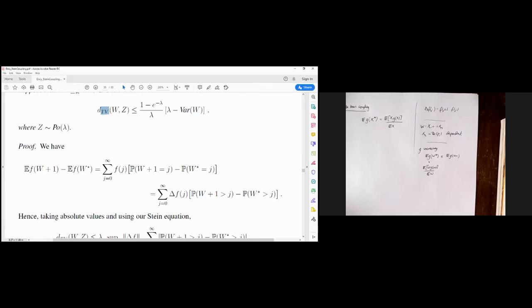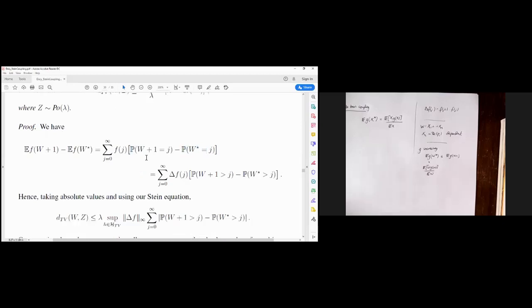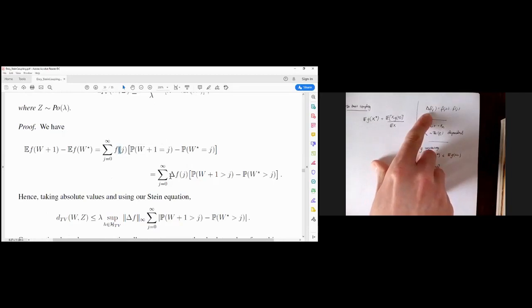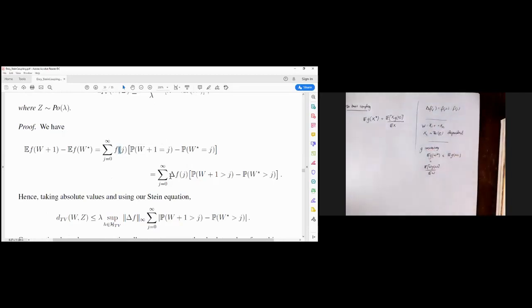So I've got the mass function of my shifted version and my size bias version. I'll just rearrange that sum slightly by essentially a sort of discrete integration by parts formula, where I'm now writing that not in terms of f, but in terms of the increments of f, the steps of f, so the difference between f of j plus 1 and f of j.